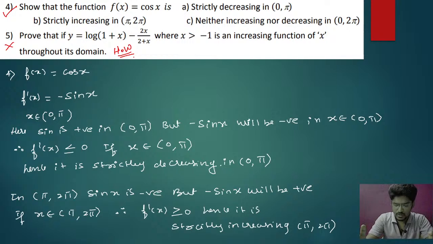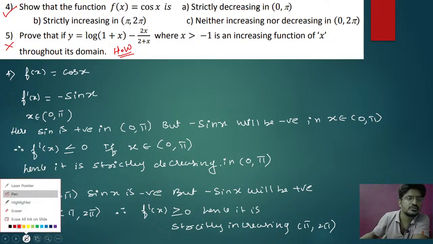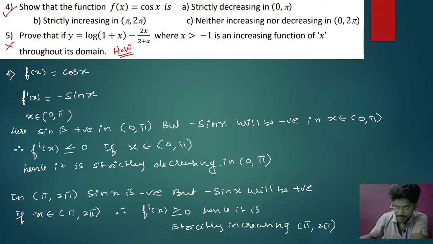Okay. So coming to the fourth one, do you need the graphical representation? If you say yes, no problem, I will solve. Otherwise, we can go for the next problem. Okay. So see here, what we have is minus of sin x. All of you know that the sine graph is like this.